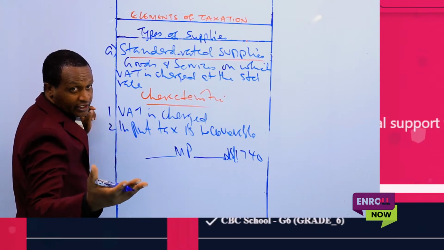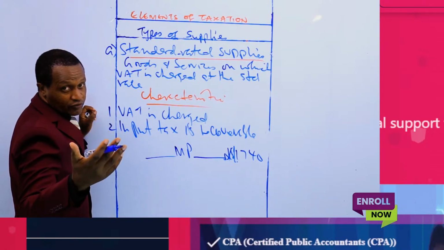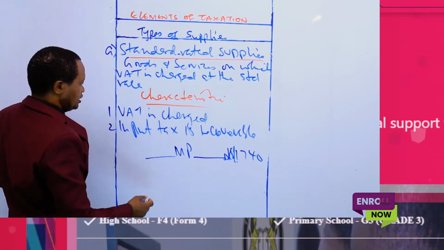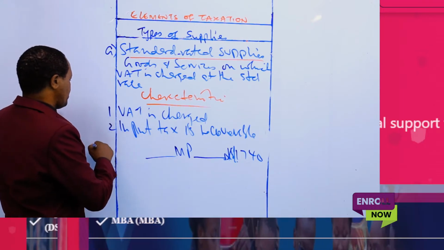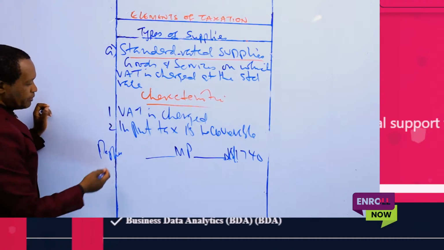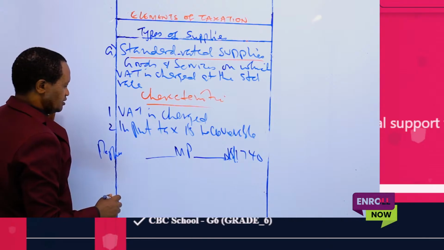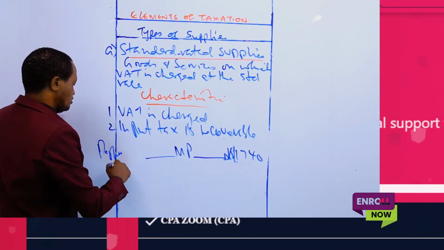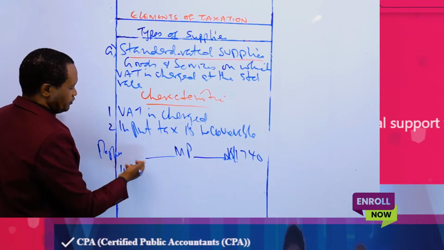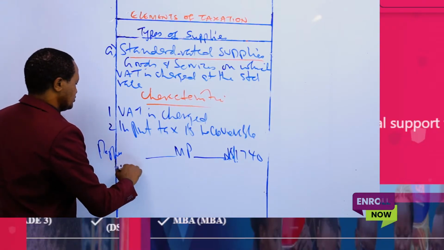A VAT registered person making standard rated goods or services can claim deduction for the input tax they incurred. So when Manifested bought paper to publish these books, the price was inclusive of VAT. Maybe a ream of 1,000 shillings plus VAT, say 1,160.